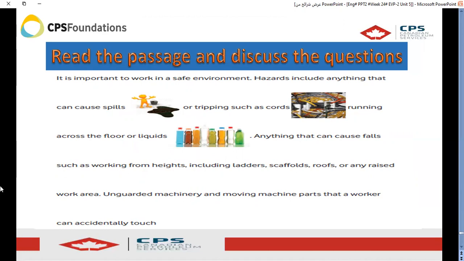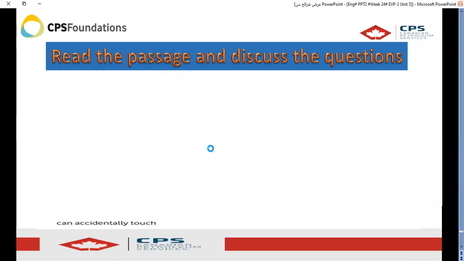So as you see in this passage, we can see some sources of hazards that occur in a workplace.